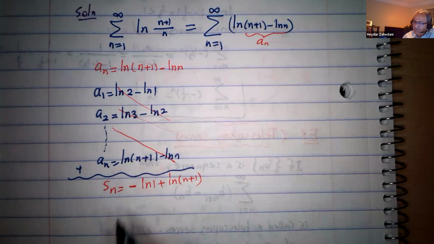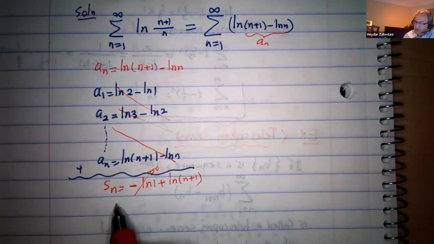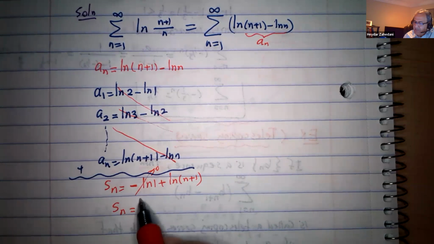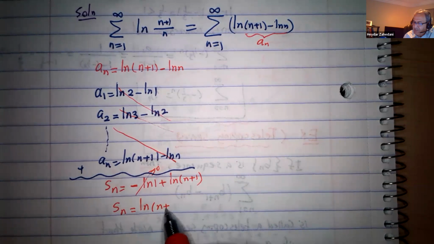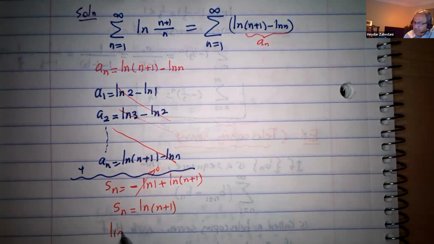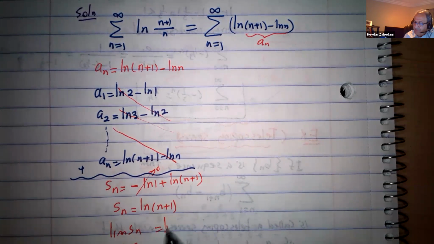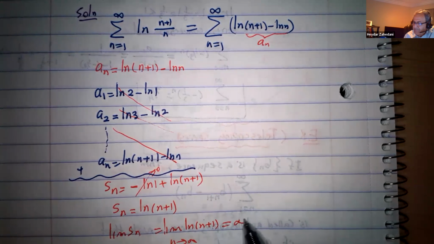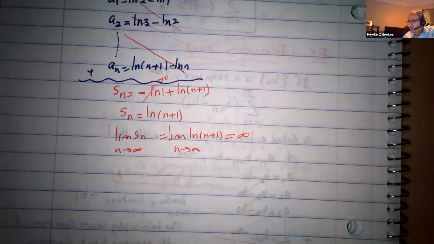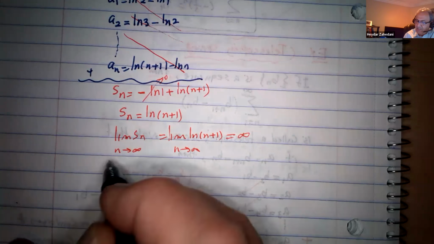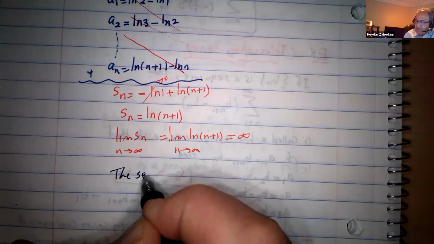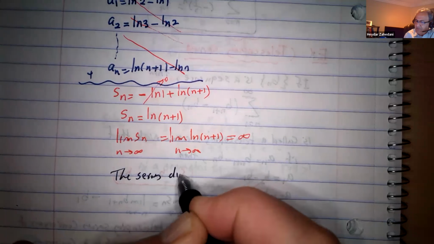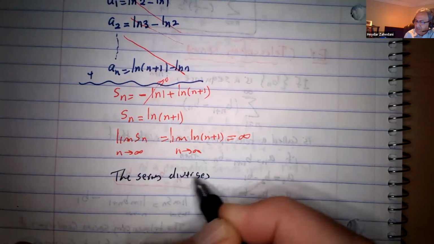So your S_n is the same as ln of (n plus 1). You take the limit of S_n as n goes to infinity. You know that the limit of ln as n goes to infinity is infinity. So the series diverges. And we're done.